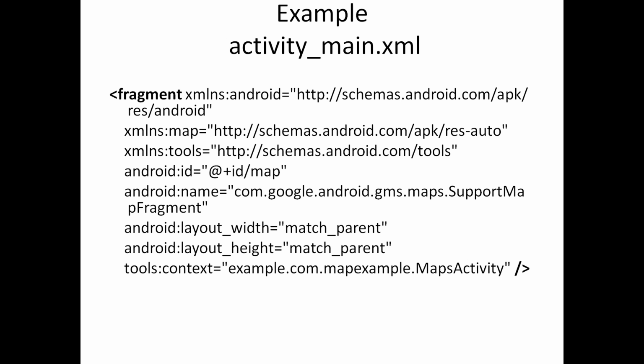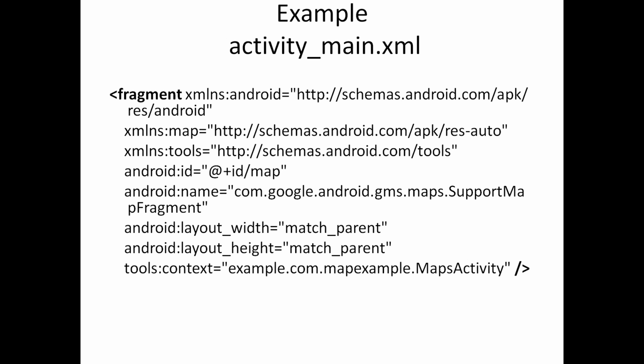So for activity_main.xml, for the front-end design, we will be using a fragment. For the fragment we are using the xmlns:android schema, then xmlns:map, including the map schema, then its necessary tools, and then we are naming the fragment as SupportMapFragment. And we are setting the Android layout width and height to match the parent window.